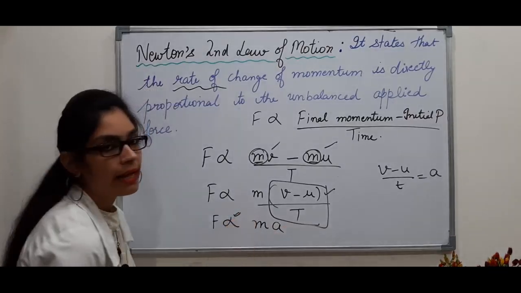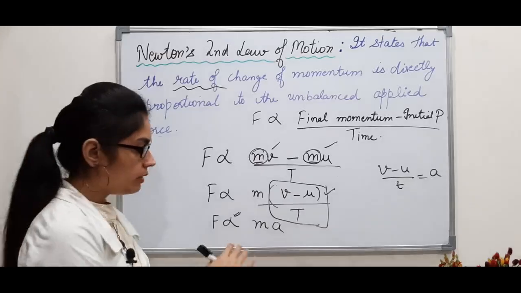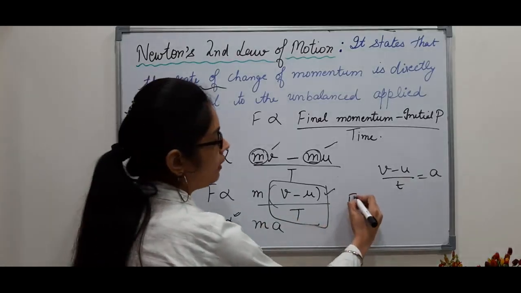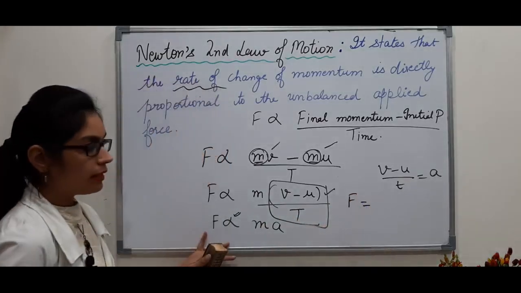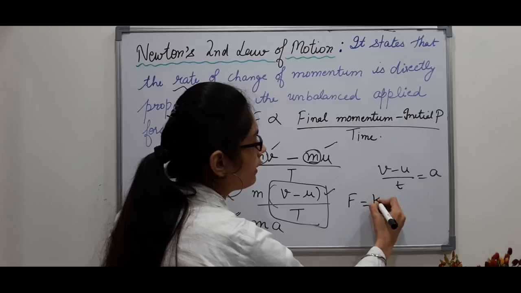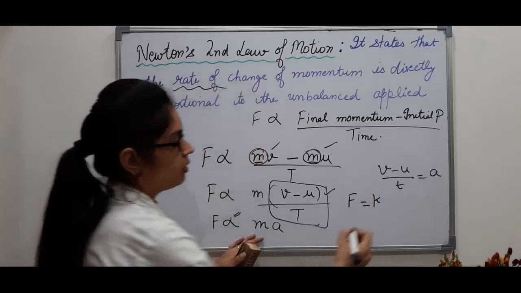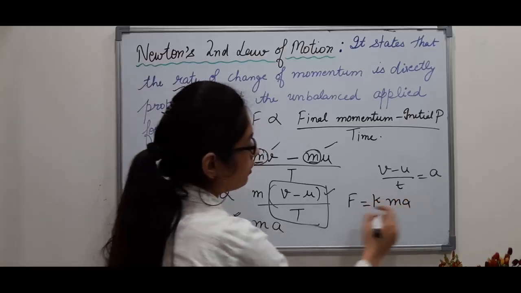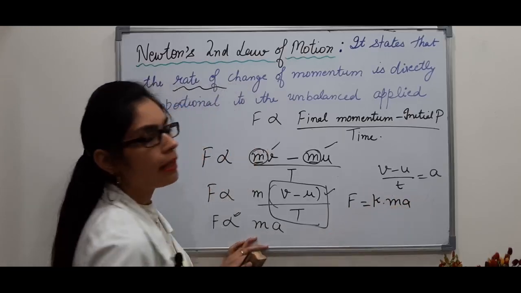Now this is a sign of proportionality. This sign we have to remove by equal to. Whenever we have to remove the sign of proportionality, we have to write a constant k. So I got F is equal to k into ma.